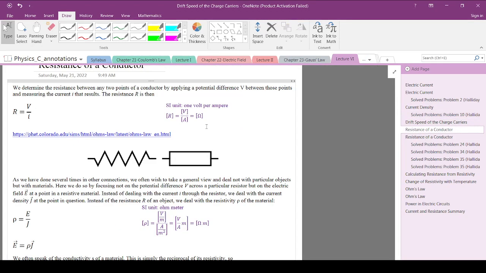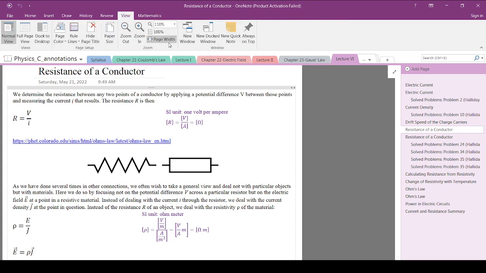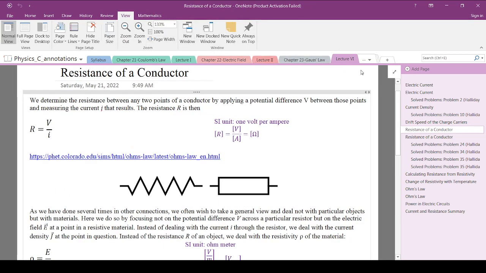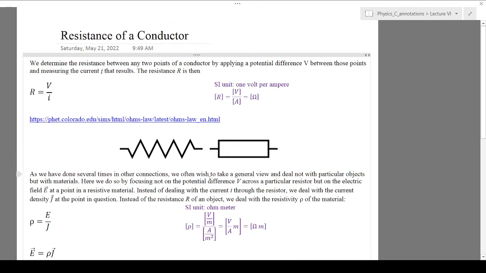No, not yet. Okay, so what I wanna talk about, but this is already known to everybody, is the resistance of a conductor. We have two main characteristics that are of interest when you talk about currents in conductors. The first one is the resistance, and the other one is the resistivity. The resistance is what I'm showing you here, just this ratio.